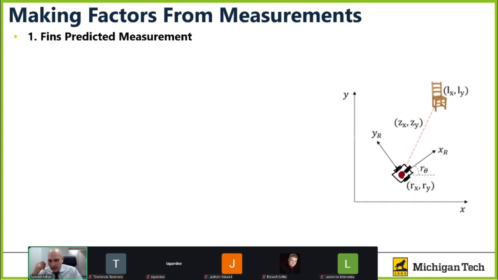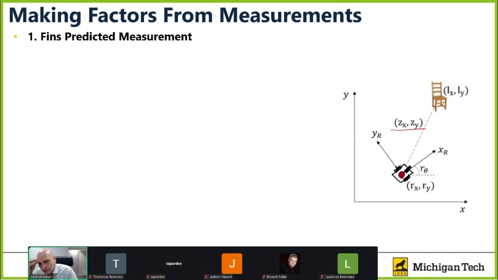After reading the measurements, like, for example, distance to a table. For example, you have a LiDAR, get this distance, or you have just an LED sensor to read obstacles around, the distance to them, and give you this z_x, z_y. This is coming from the sensor.